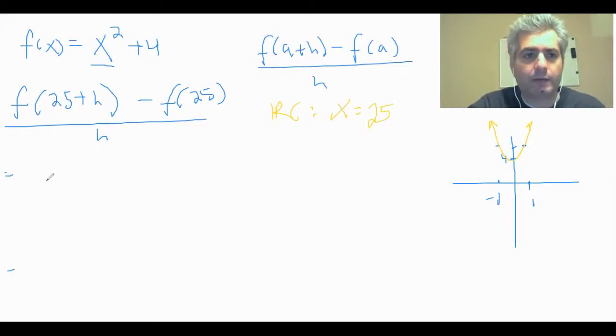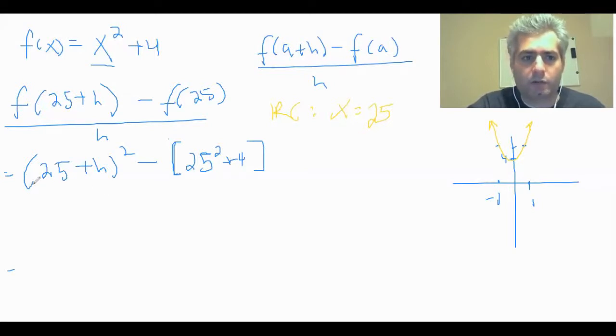It's just x squared plus 4, so you'd end up with (25 plus h) squared plus 4, minus f of 25, so open brackets, 25 squared plus 4, and all of this is over h.